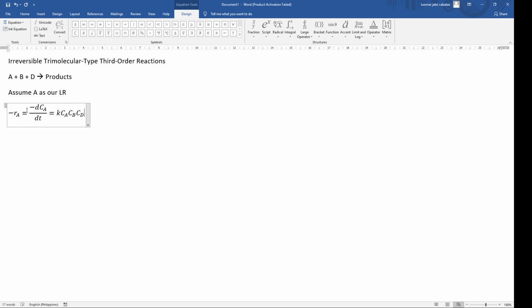So we have this as our working equation.